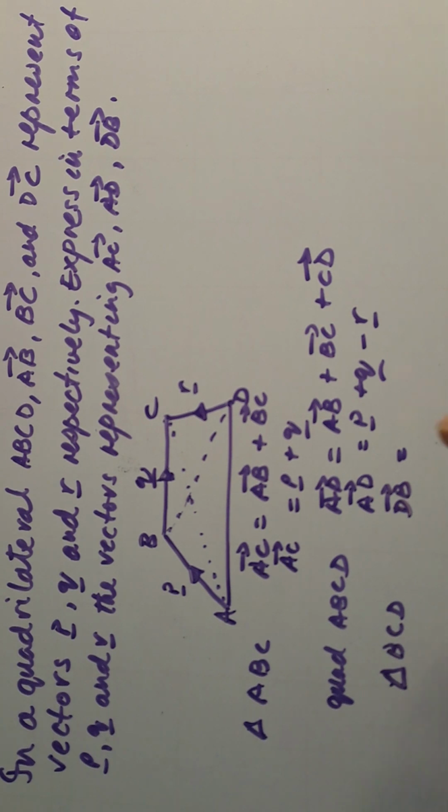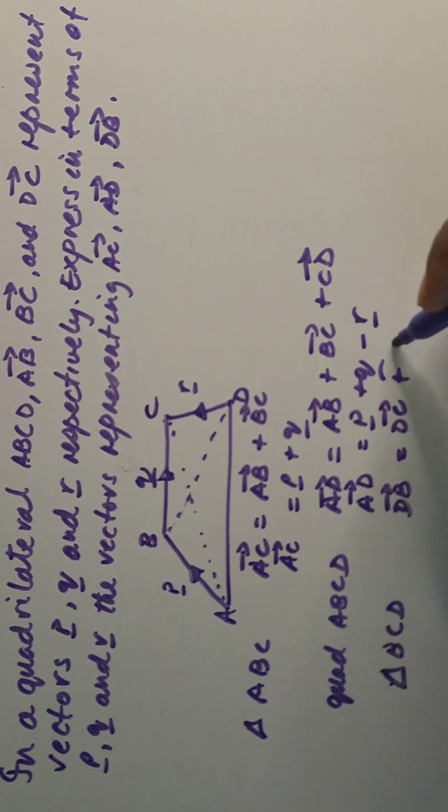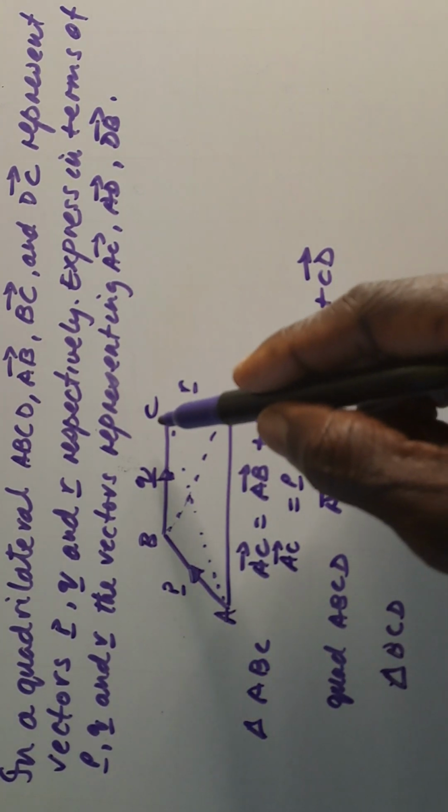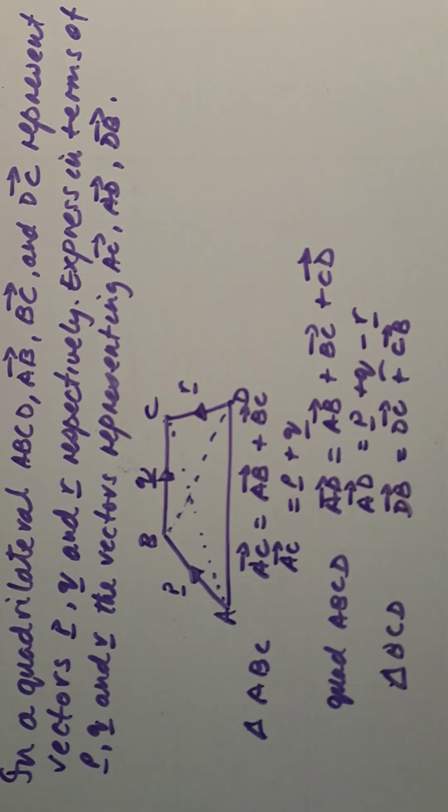Let's just write the displacement vectors first. We have DC added to CB. So we're going in this direction from D to C and then C to B.